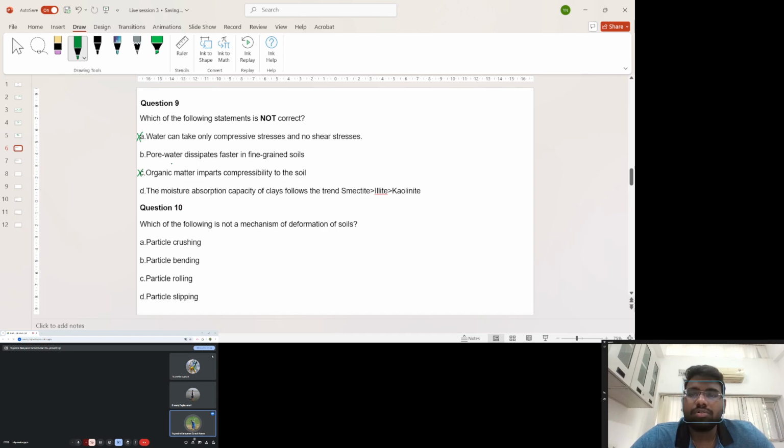As you rightly mentioned, pore water does not dissipate faster in fine-grained soil. The ease with which water flows in fine-grained soils will be lesser, since their particle size itself is less, so the water has to travel a longer path and it takes more time. Understood?